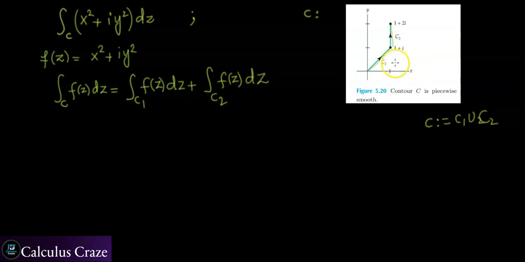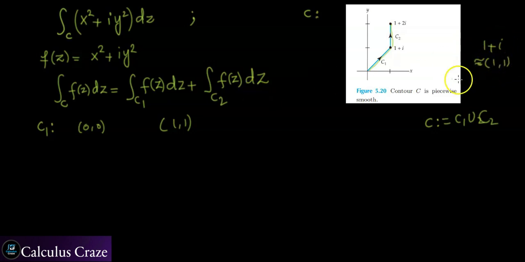So first I'll consider C1, which is clearly shown, and C1 is a line joined by the points 0, 0, and the other point is 1, 1. Why? Because 1 plus iota corresponds to 1, 1 in the plane.